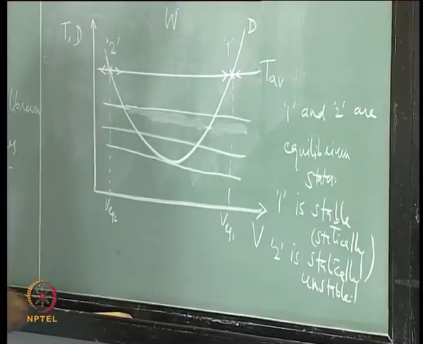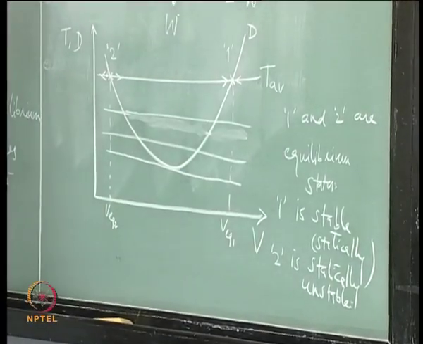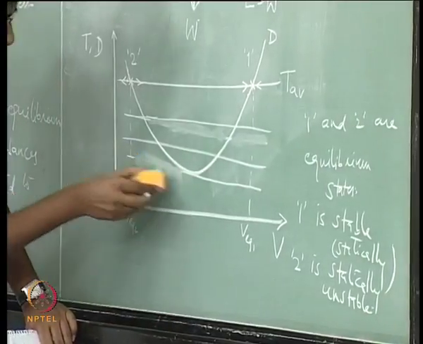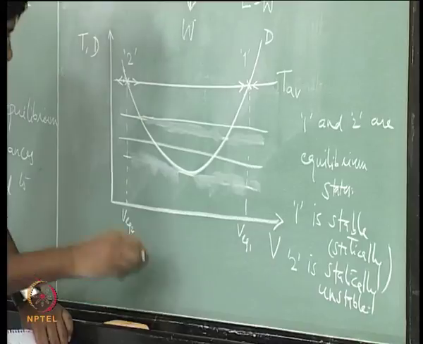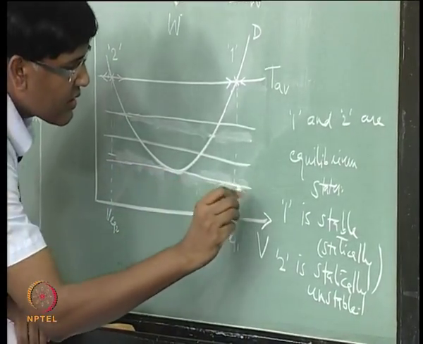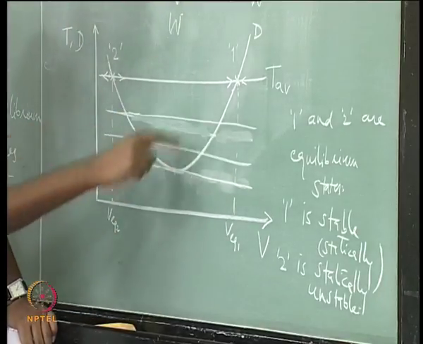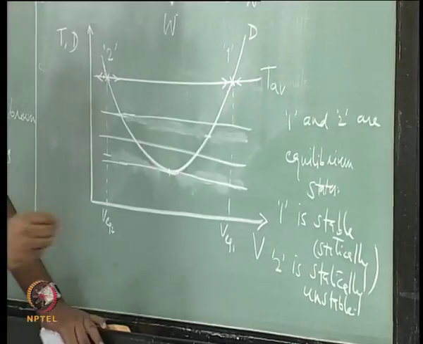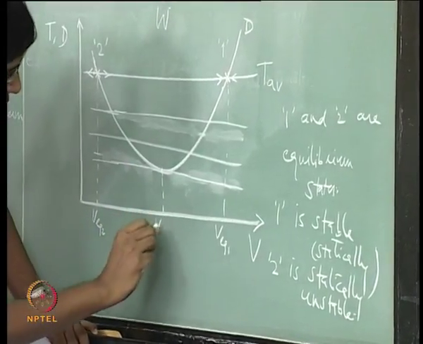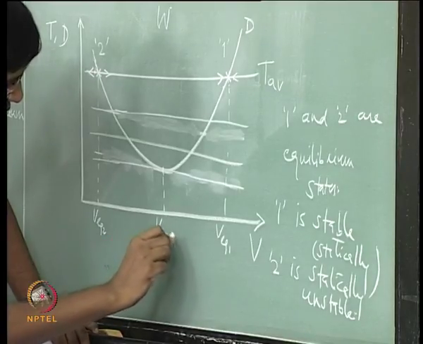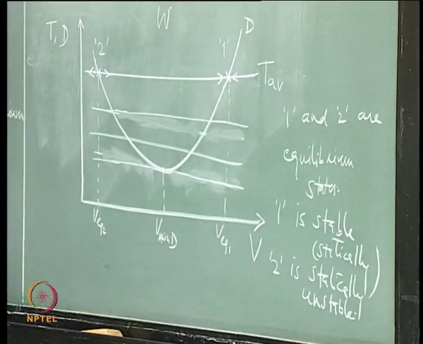Okay. So, let us try to change the thrust available. We see that there is one thrust condition which is resulting in a single equilibrium state, and that is associated with the velocity which is resulting in the minimum drag.